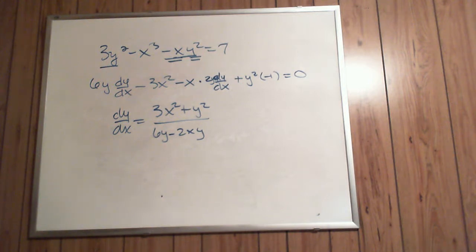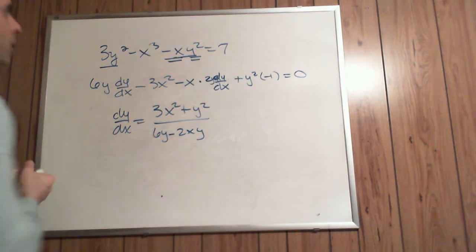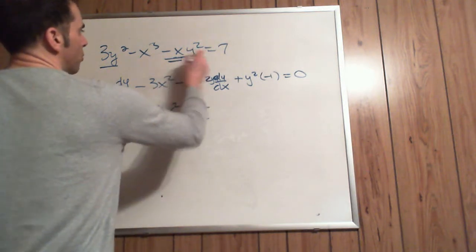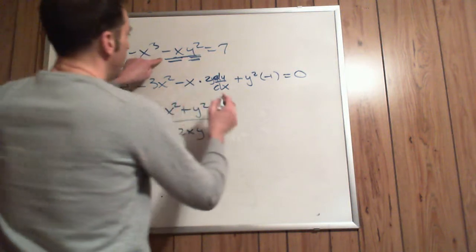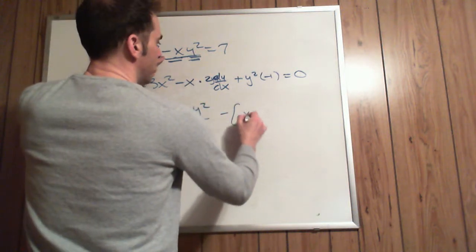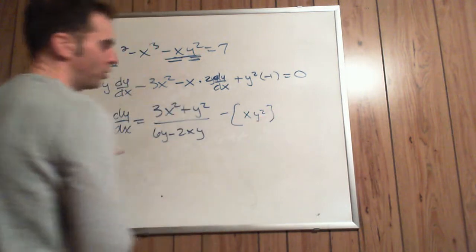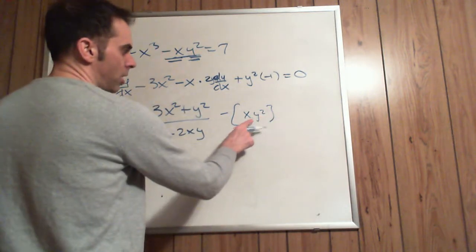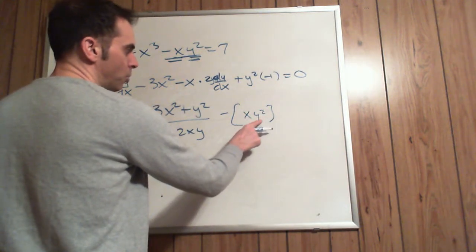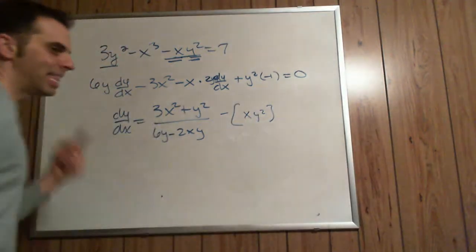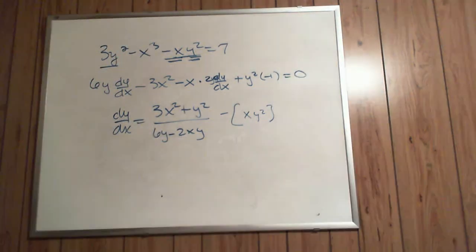And what else is there? That's it. So just be careful here that when you take this by implicit differentiation, that you can pull out the minus and do your product rule. X times 2y dy/dx plus y squared times 1, and then distribute the minus sign.